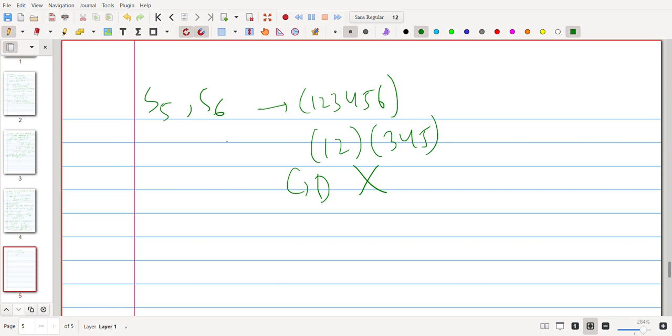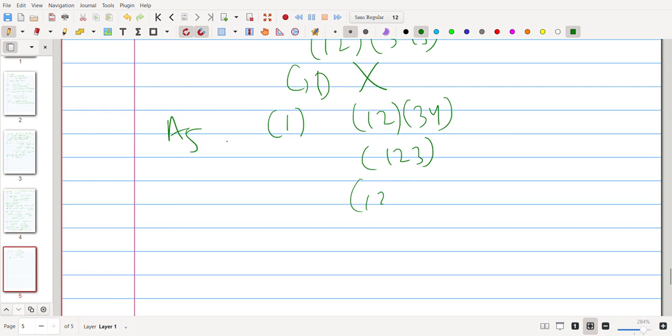Option A is correct, because in A5 you have the trivial element of order 1, elements of order 2, order 3, and order 5, but you cannot have any element of order 6. You can easily check, but you need to find even permutations in this case.